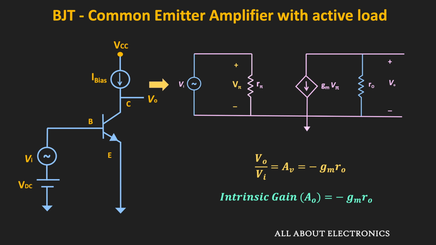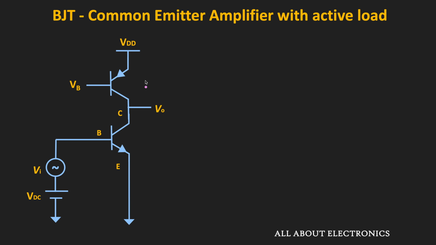So here, let's say this current source is implemented using the PNP transistor, and let's say its output impedance is equal to R0P. In this case, the overall voltage gain is equal to Gm times RON parallel ROP, where RON is the output impedance of this NPN transistor, while ROP is the output impedance of this PNP transistor.